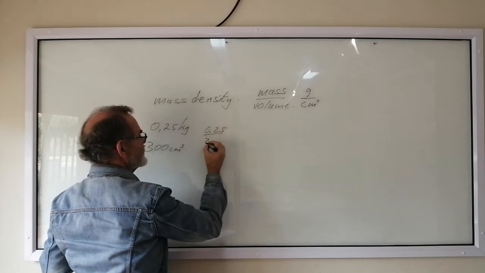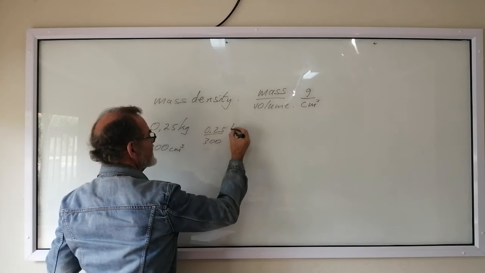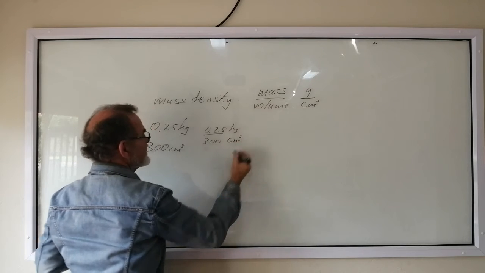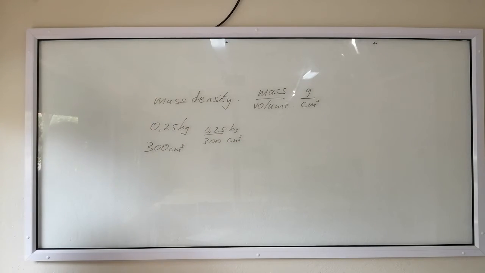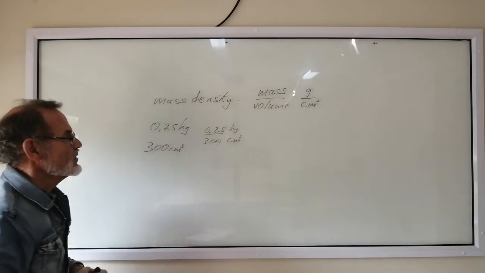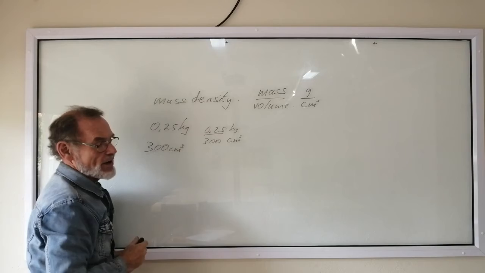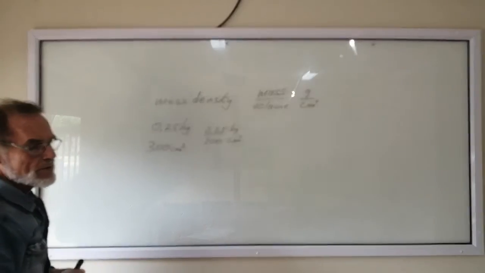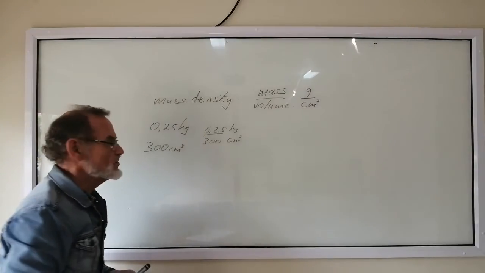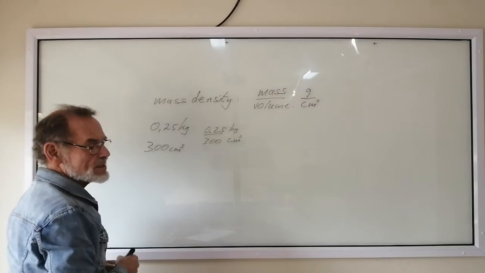You can't say 0.25 divided by 300 because kilograms per cubic centimeter is not a good way to express density. We've got to change this kilograms to grams. How do we change kilograms to grams? How many tens are there between kilograms and grams?